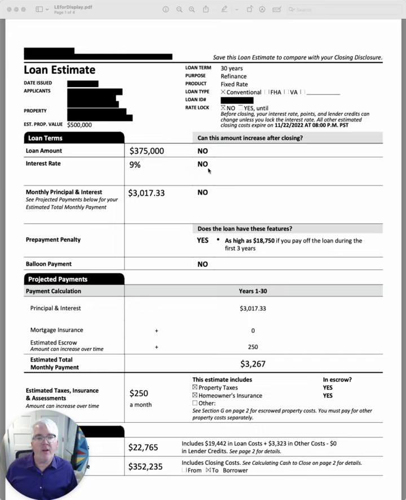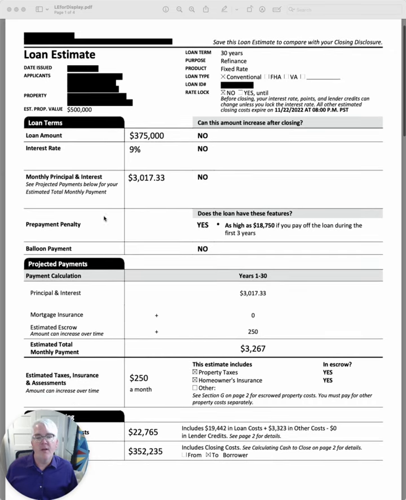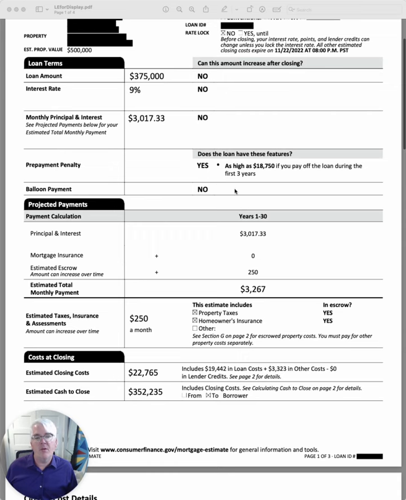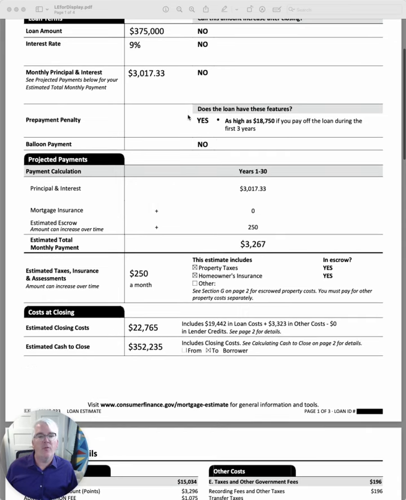No. Can the interest rate rise after closing? No. Monthly principal and interest is simply amortization over 30 years of $375,000 at 9% interest. Whether there's a prepayment penalty: again, this is a specialty product, so it does have a prepayment penalty, but it does not have a balloon payment. The majority of loans will say no in this prepayment penalty box.